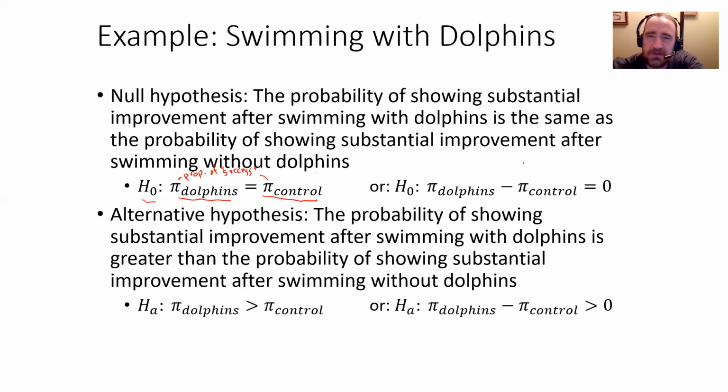What's the advantage of doing it this way? This mirrors what we often are interested in as far as a statistic for our study. We looked at this in the last video, the difference in conditional proportions.